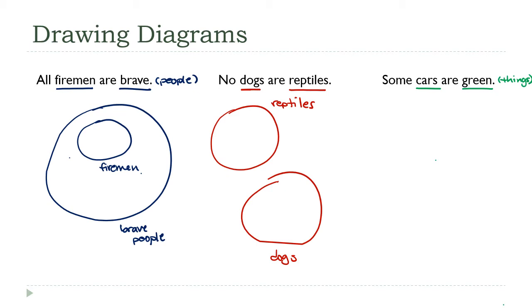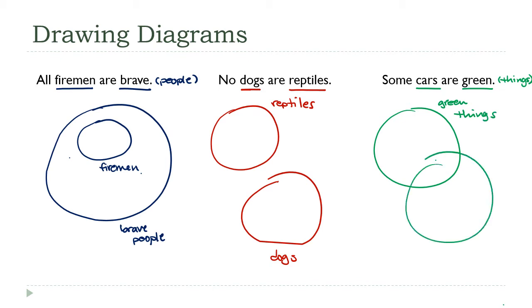So that's how I'm going to draw this. I'm going to draw a circle for green things, and another circle here for cars. You notice that there is some overlap, but one is not completely contained in the other. So these are going to be the three types of scenarios we're going to see as we continue on and start trying to apply these to arguments.